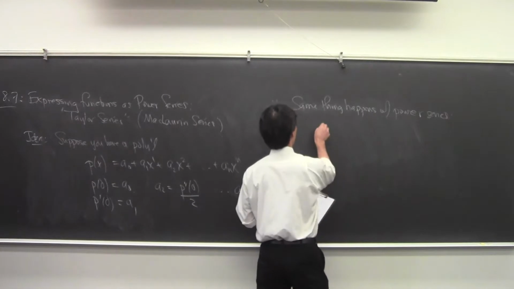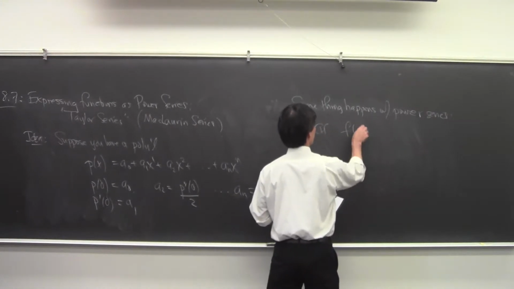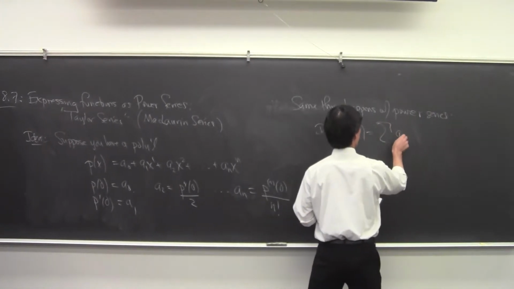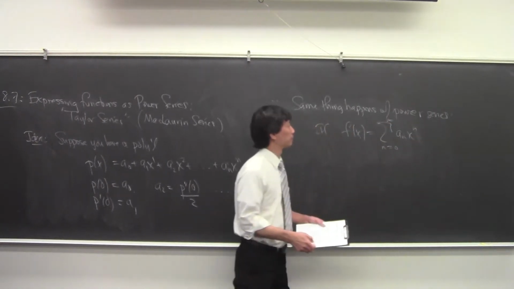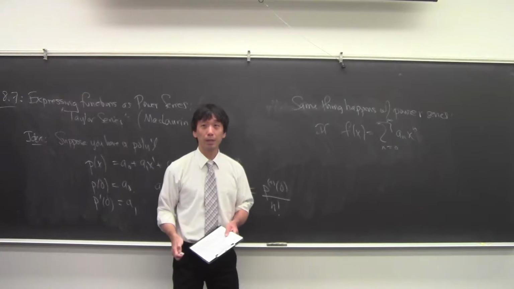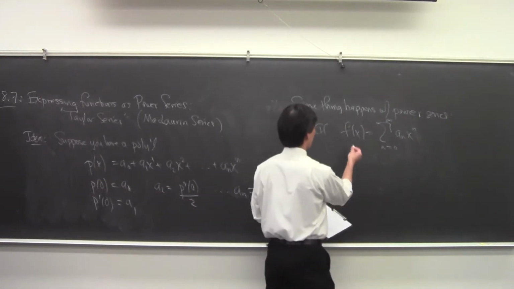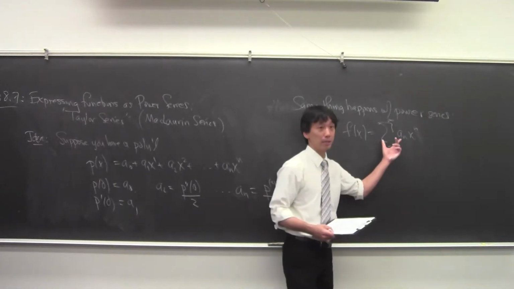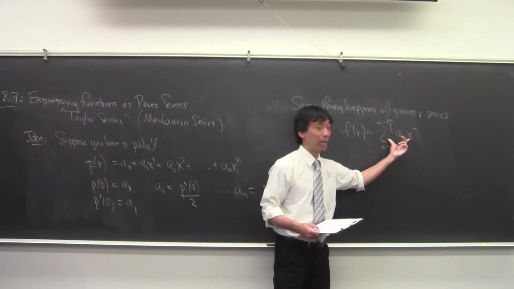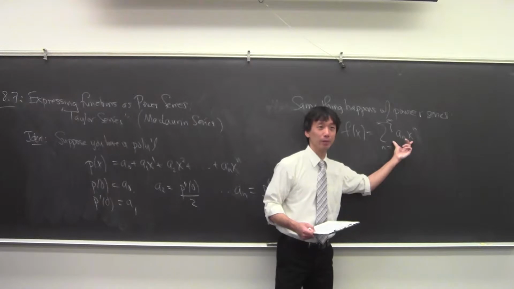If f of x is a power series, summation a sub n x to the n from n equals 0 to infinity, then you can do exactly the same thing because you can differentiate the power series as if it were a polynomial.